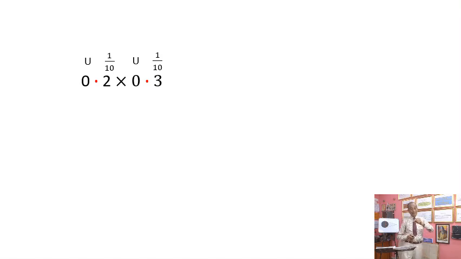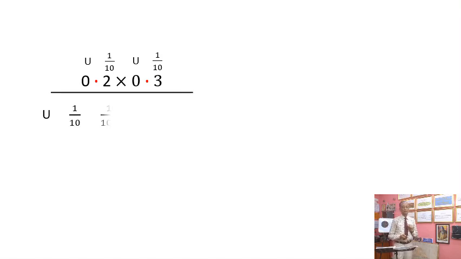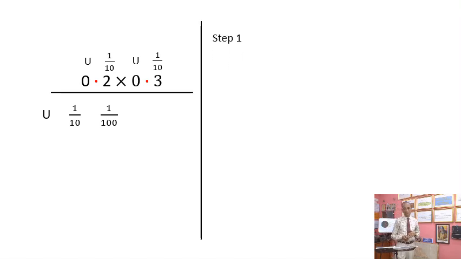This is a very important point we need to observe. So let us start the process. It is worth having columns like this: units place, 1/10 place, 1/100 place, and show all the details in the working column.